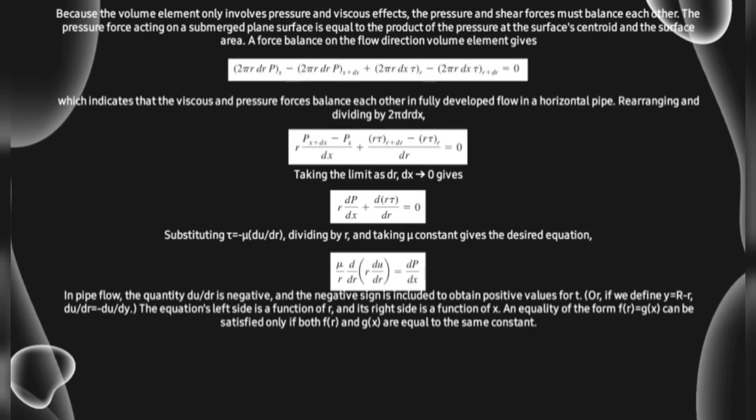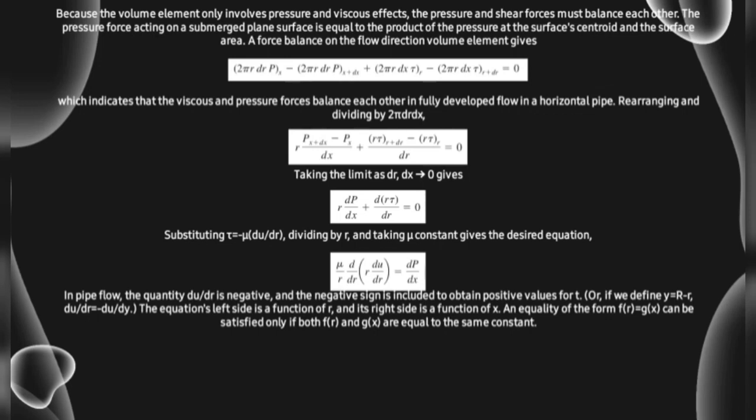A force balance on the volume element in the flow direction gives the equation below, which indicates that the viscous and pressure forces balance each other in fully developed flow in a horizontal pipe. Rearranging and dividing by 2 pi dr dx, we get the equation below. Then taking the limit as dr and dx go to 0 gives the equation below.